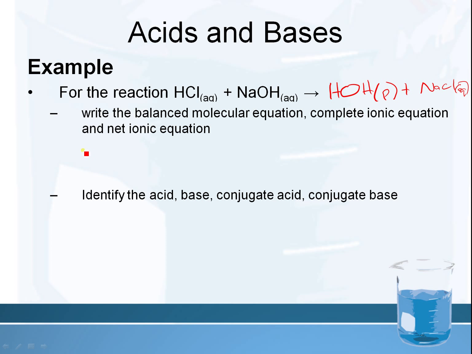My complete ionic equation is when you break every single one of them into ions except for the liquids and solids. So H plus, Na plus, and OH minus all break into ions. Water still stays together, it is a liquid.